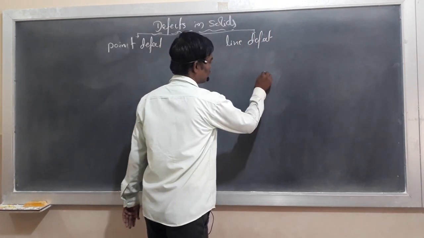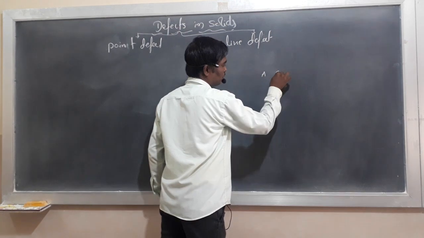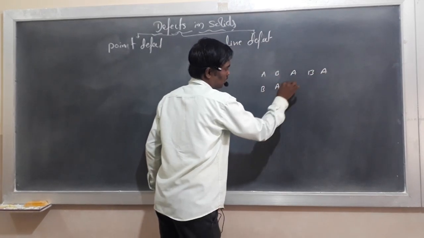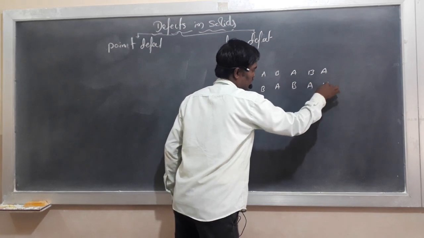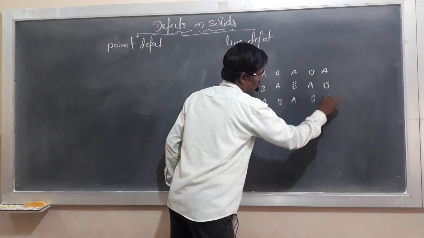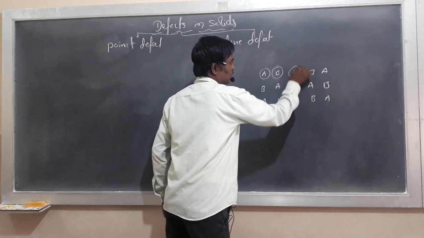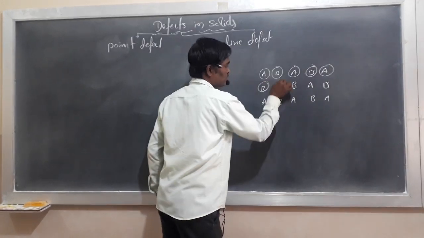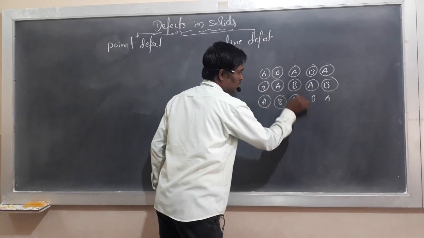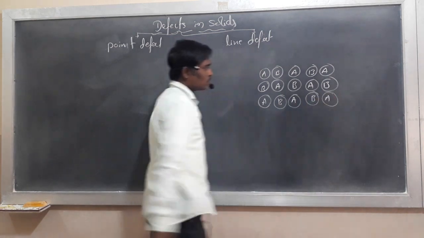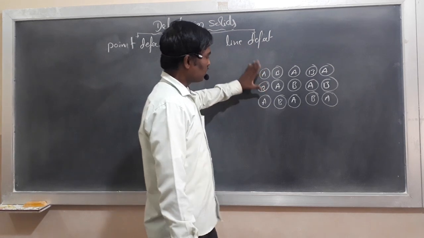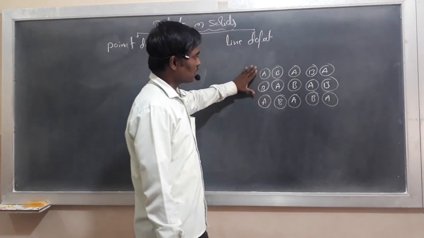For example, let's take A, B, A, B, A, B, A, B, A, B. This is the arrangement of constituent particles in a crystal lattice. It is a perfect crystal where all the particles are orderly arranged, forming a three-dimensional crystal lattice.